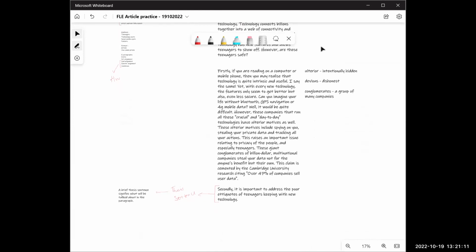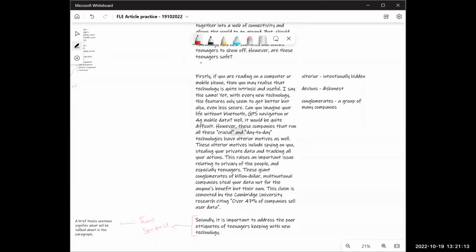Now we know the basic things which we have to start with, linking with, firstly, secondly, that's common sense now. Then we also should give some research evidence. You know that argument equals opinion plus reason plus evidence. I think that's obvious now. Yes, we have done this already. Now the next thing is that you remember all of this and answer the question on your own.